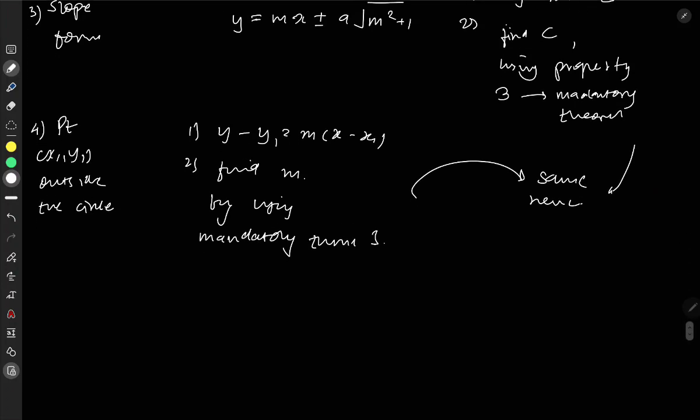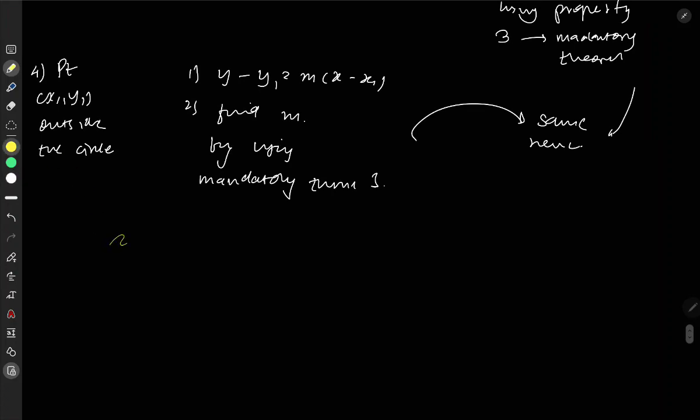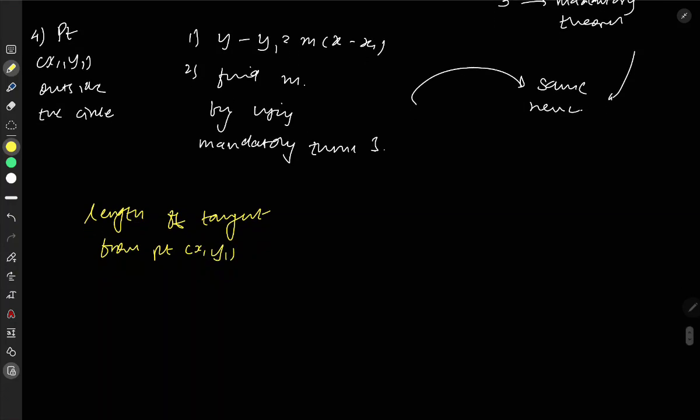Now that we have come this far, let us understand the length of the tangent from point x1 y1. There is a ready formula.